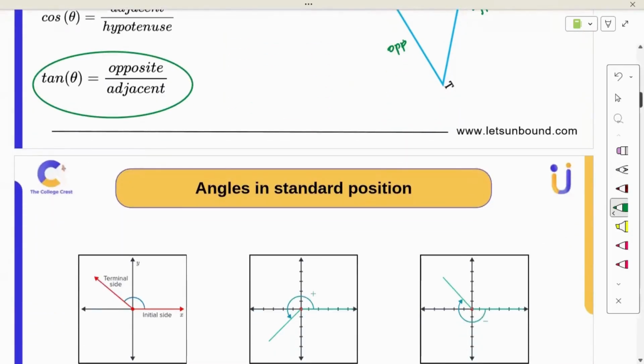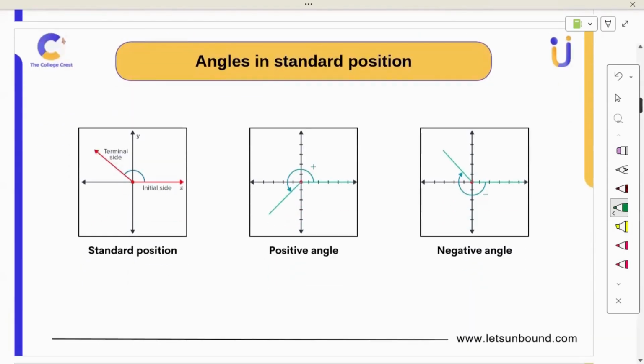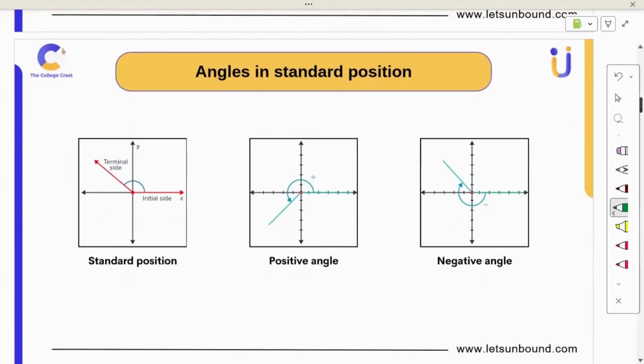Now we have to learn some other key terms that will help you solve problems based on 3.2, angles in standard position. Angles in standard position means your initial side should be on the positive x-axis, and the vertex of the angle should be at the origin.